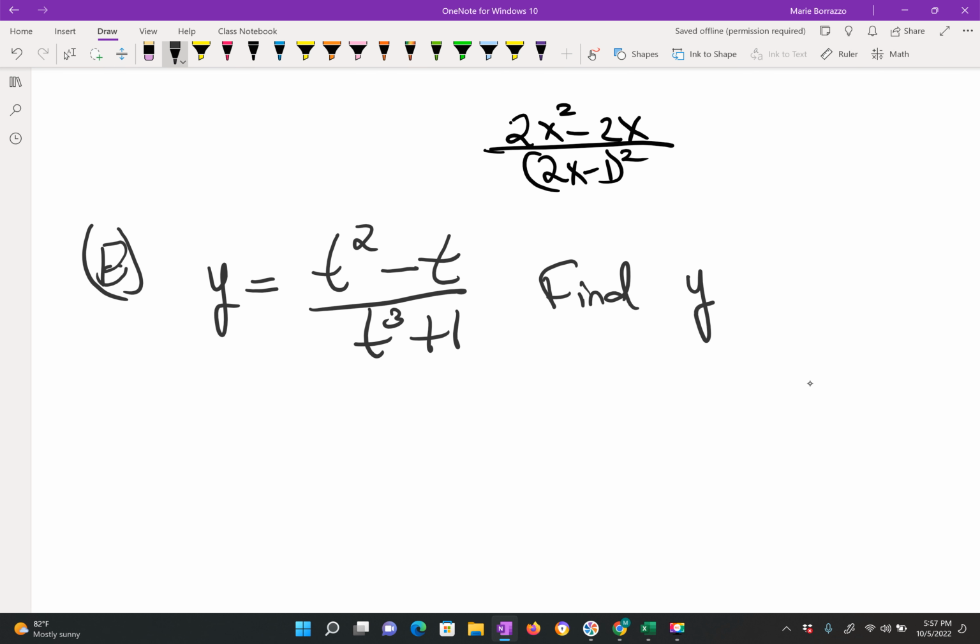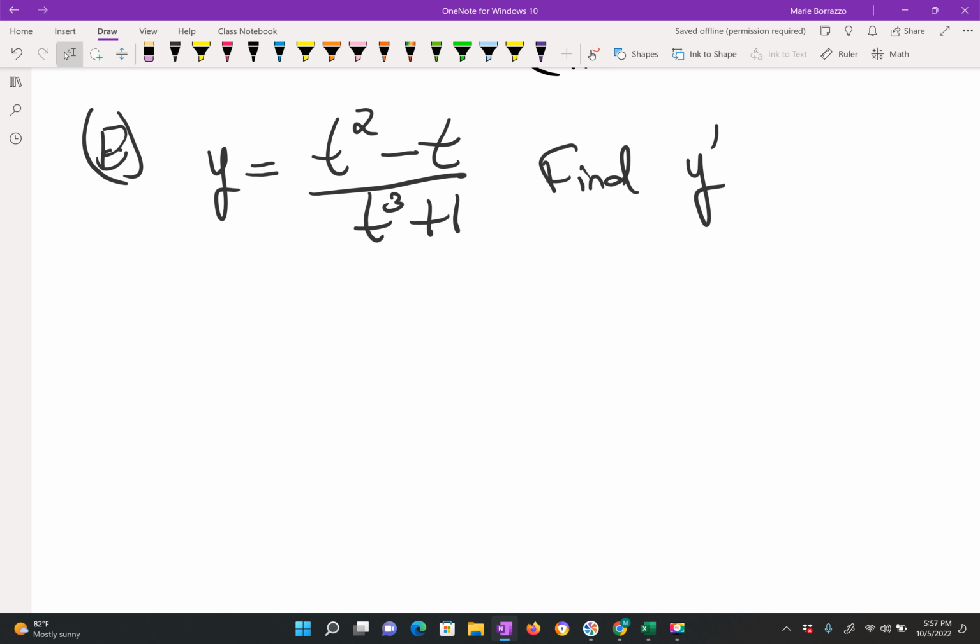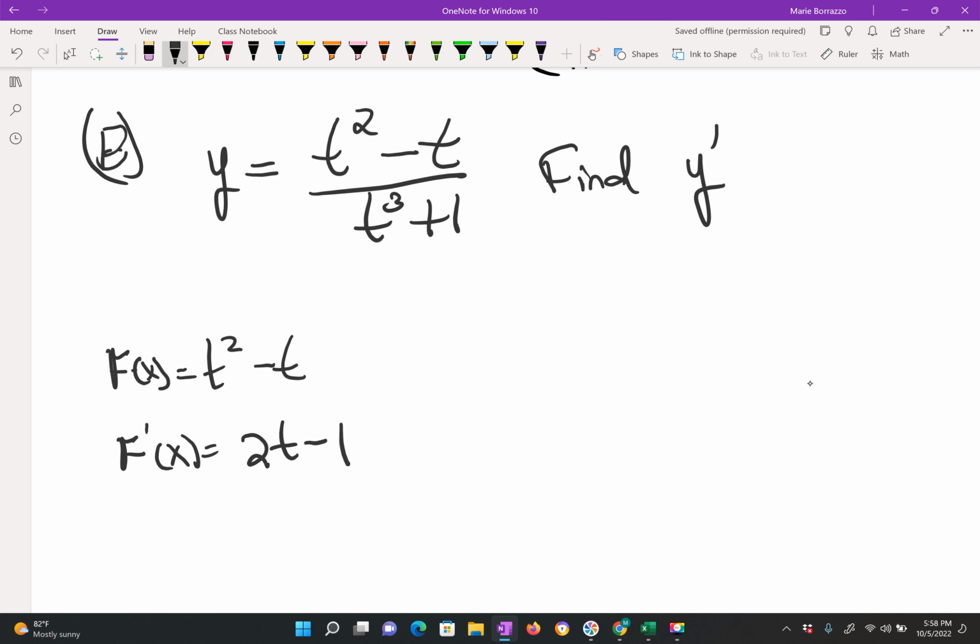They're just trying to get you used to the notations. So what are you going to do? I call that CPT.